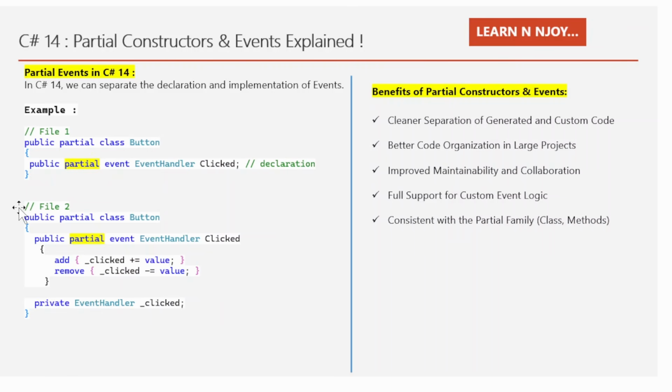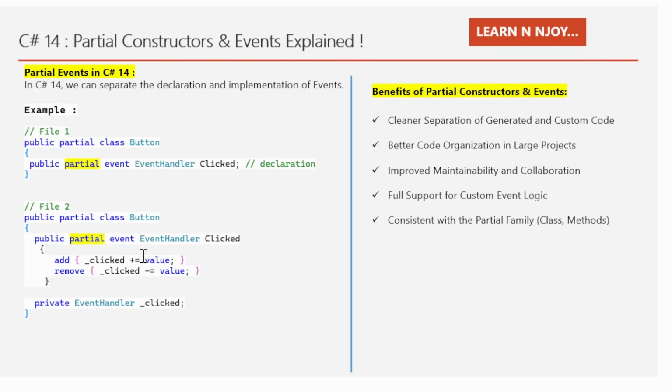Okay, now in file number 2, I am going to handle people subscribing or unsubscribing from the Clicked event. That's why in partial class Button, I have written this partial event implementation. And here I have written add { _clicked += value; } remove { _clicked -= value; }. So what does it mean?